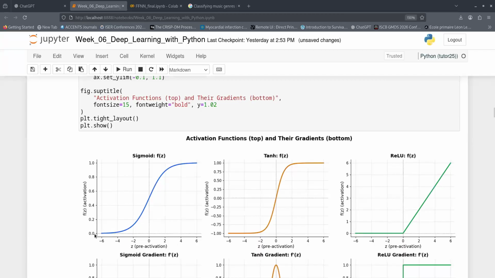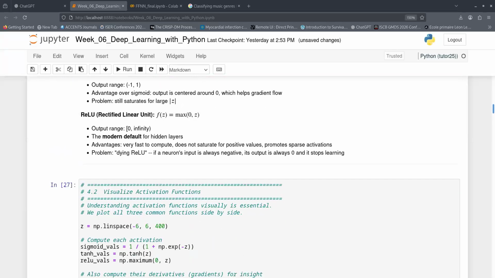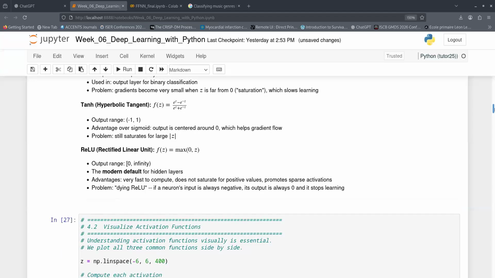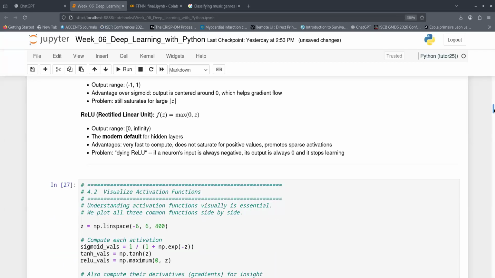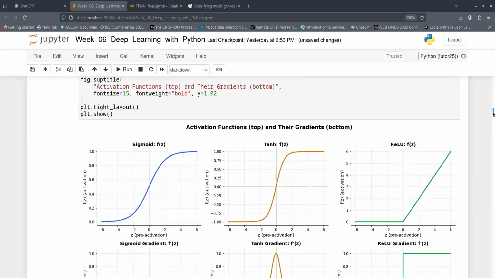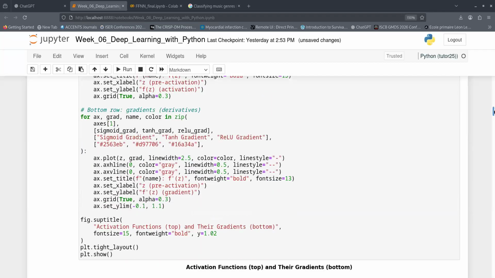The output is between 0 and 1, so you have it in terms of probability. But we talked about the limitation of this sigmoid: the gradient becomes very small when z is far from 0. That's what we call the saturation. We are going to see it later.